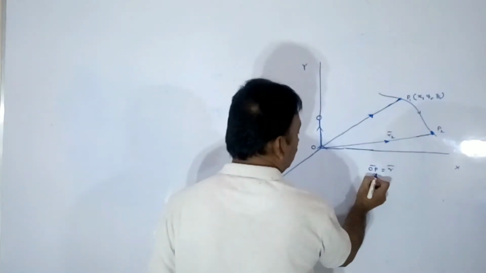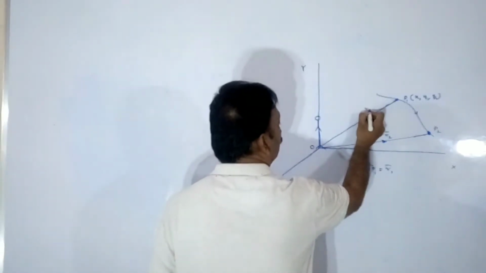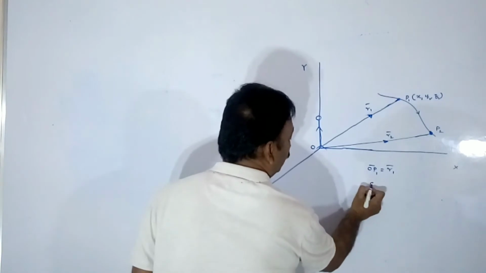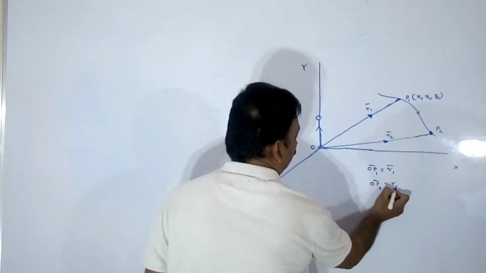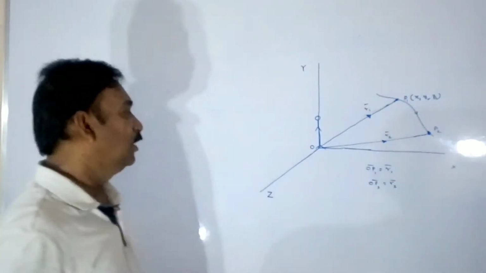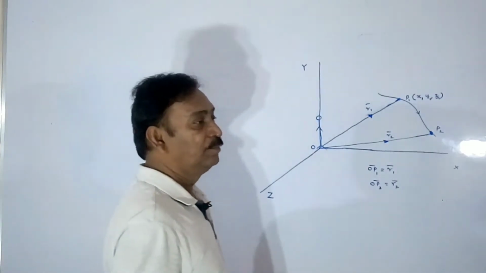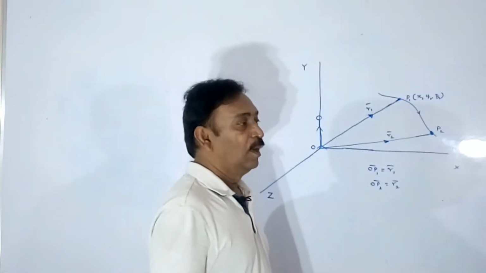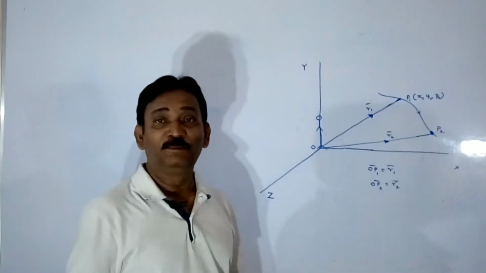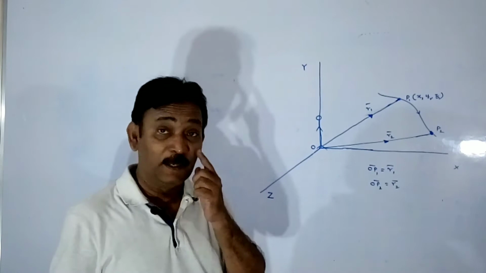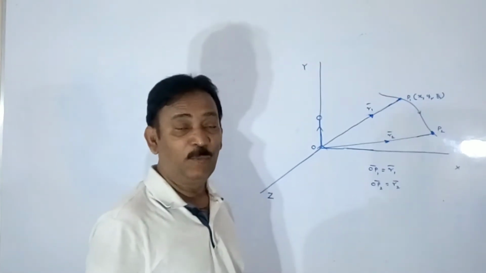That means OP1 you can write as R1, and similarly OP2 is equal to R2. These are the position vectors of the particle with respect to time. If you put a clock there, the clock will measure the time of travel of the particle from one place to another, from P1 to P2.